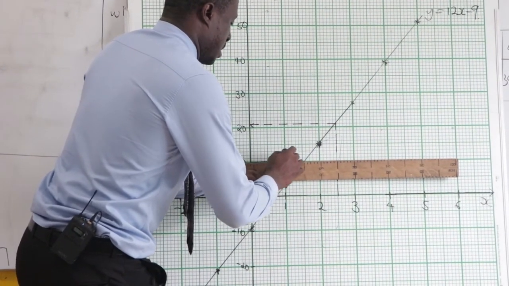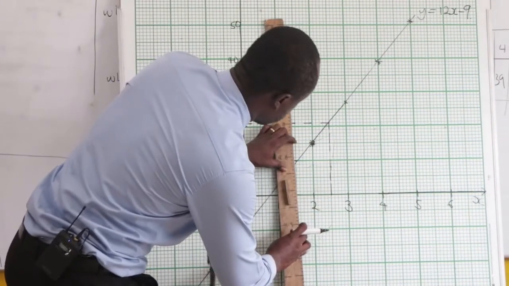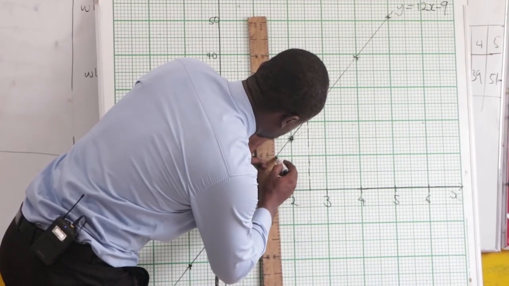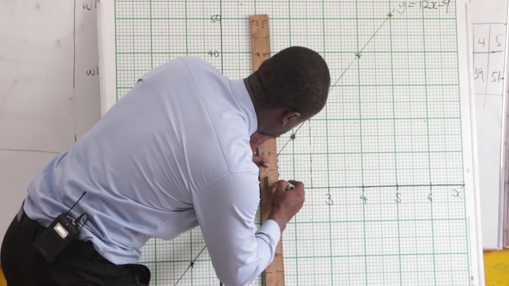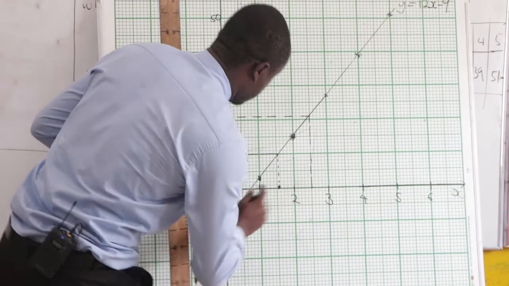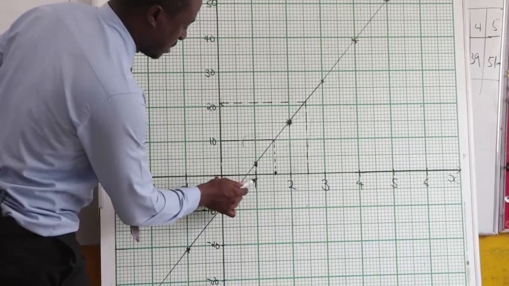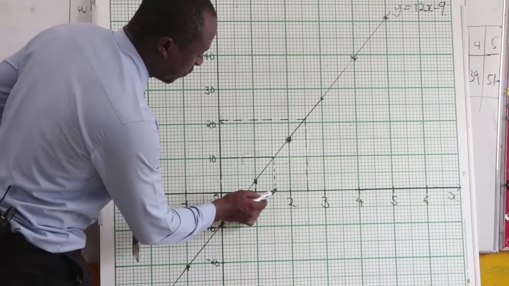Clearly, this is 1, this is 1.5, and it is in between 1.5 and 1.6.